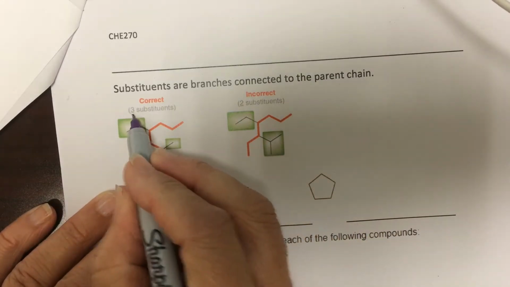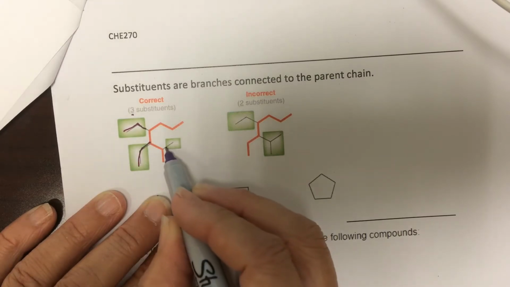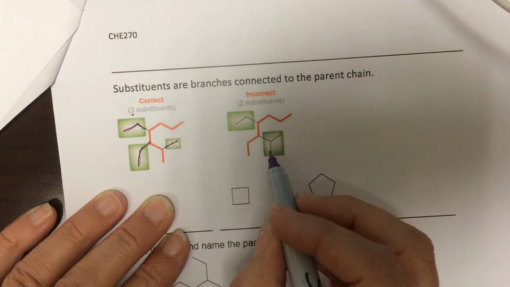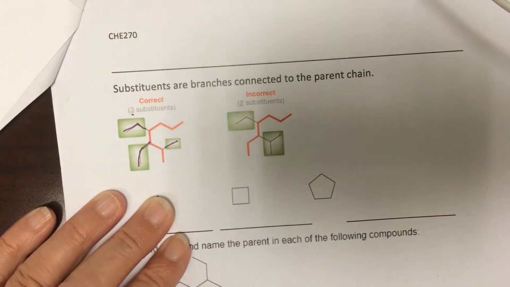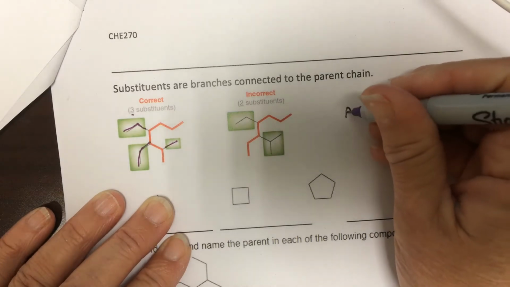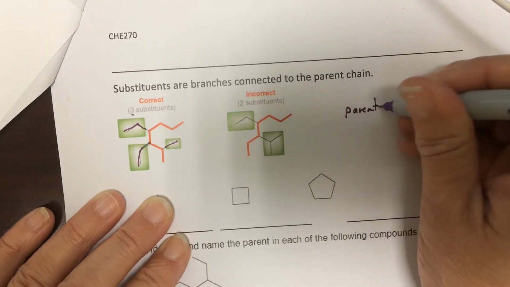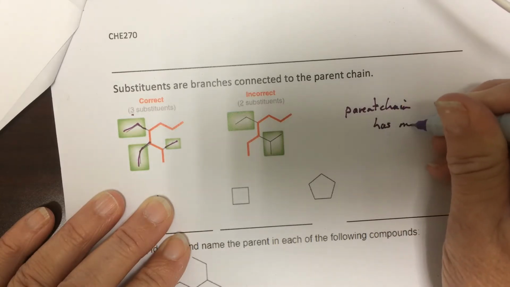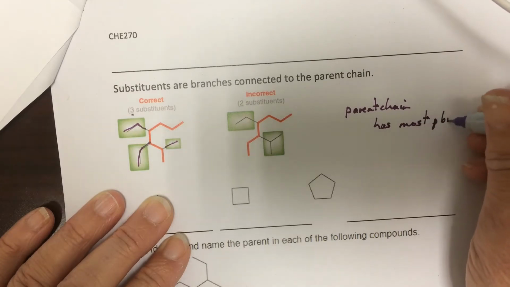This one has 3 substituents. It's got this branch, a branch there, and a branch there. The other one only has 2 branches. So we'll want to make the parent chain have the most branches.